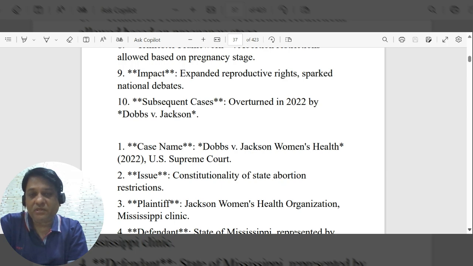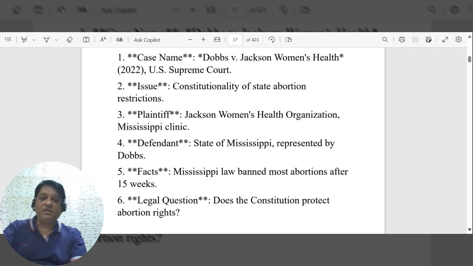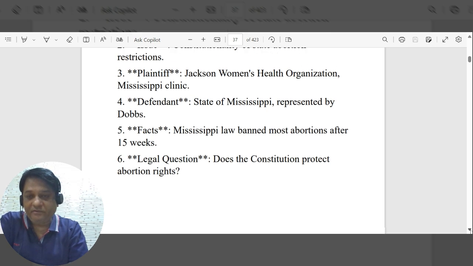Subsequently overturned in 2022 by Dobbs versus Jackson Women's Health Organization. Issue was constitutionality of state abortion restrictions. Plaintiff was Jackson Women's Health Organization, a Mississippi clinic. Defendant, State of Mississippi. Facts were that a Mississippi law banned most abortions after 15 weeks.